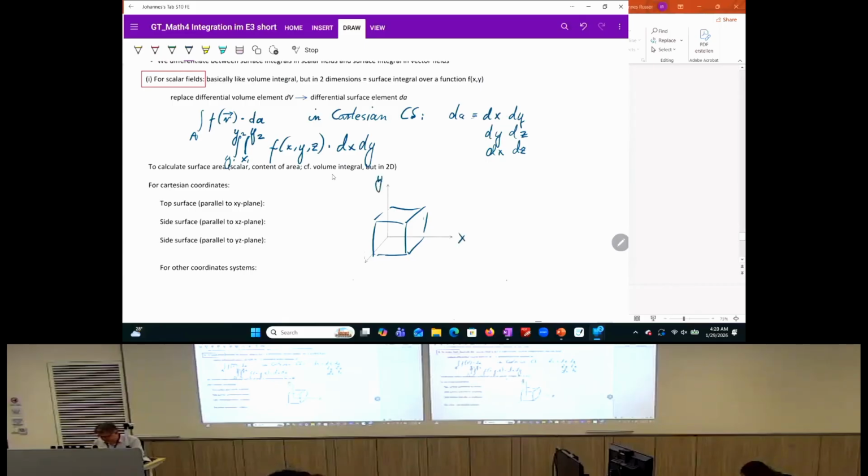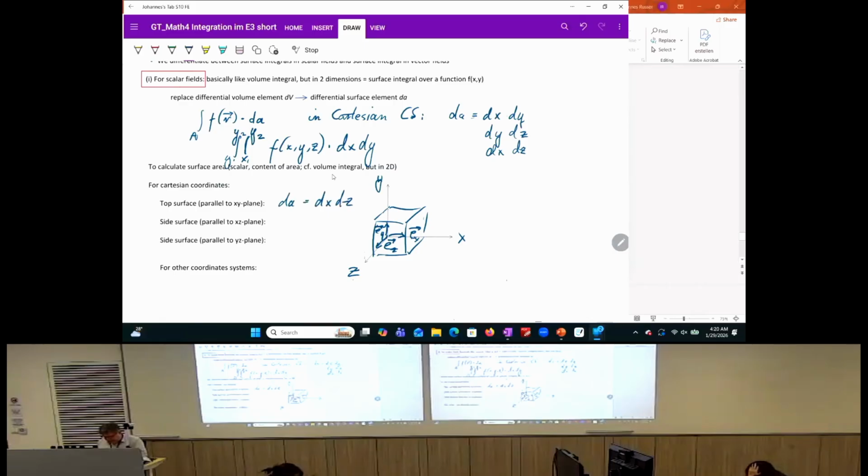Xyz is our right-handed coordinate system. You can use the right-hand rule. You have Ex, Ey, and Ez. You see the top surface is parallel to the xz plane, so your element is dx dz.